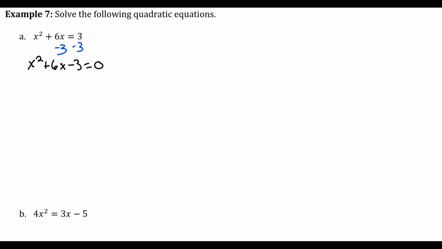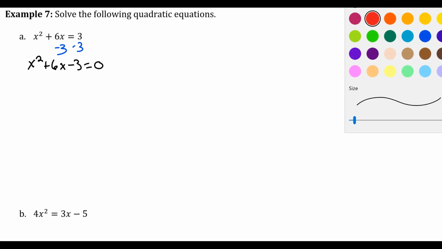Now I could try to factor. This one actually does not factor. I could also try the square root property, but I can't because I've got other items underneath here. I could use completing the square, but again, that was an optional form. So in this case, we're going to use the quadratic formula.